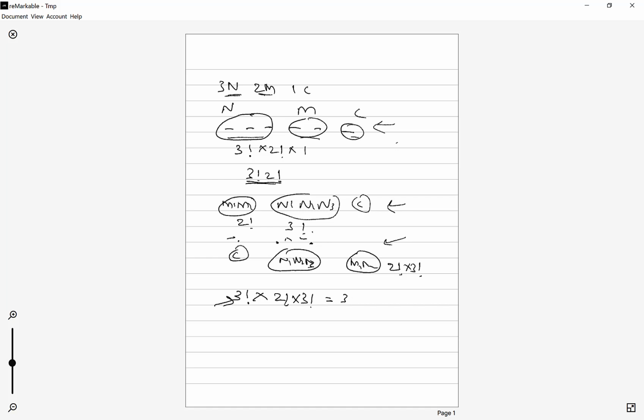So that's 3 factorial, 2 factorial, 3 factorial. So again, we have 3 groups. For each group, I have 3 factorial times 2 factorial arrangements, and the groups can be arranged in 3 factorial ways, and the multiplicative rule gives you this.